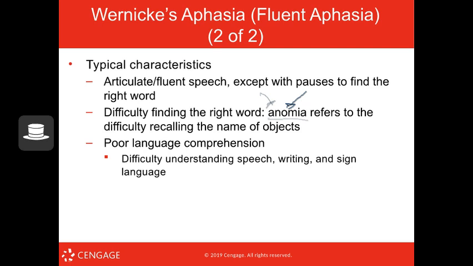So if you speak Spanish and you are familiar with the word nombre, right? Same Latin root, nom. So without names, so they can't recall the names of objects. Also, you might see poor language comprehension, so a difficult time understanding what people are saying or writing or understanding sign language.